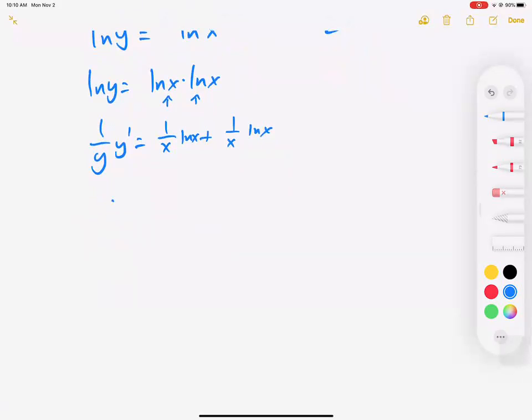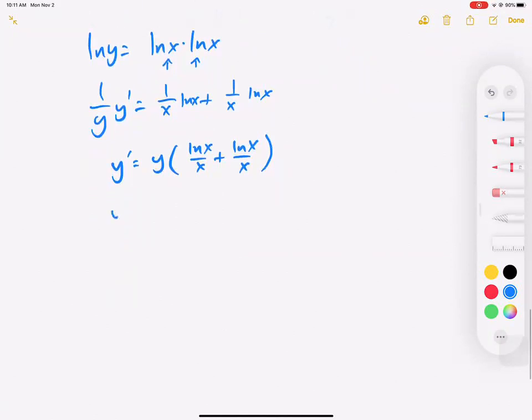So y prime is equal to y, parentheses, natural log of x over x, plus natural log of x over x. And then if you want to rewrite this, y prime is equal to x to the ln of x, we can leave that alone.